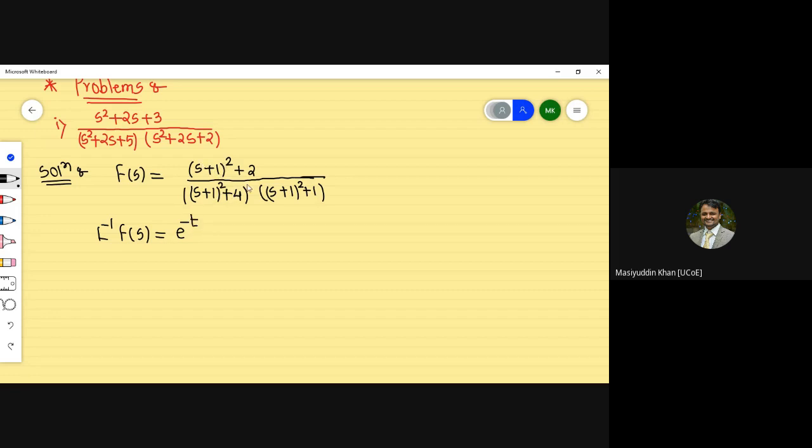Because s plus 1 is here, into Laplace inverse of the remaining, which will be s square plus 2 upon s square plus 4 into s square plus 1. s square plus 2, s square plus 1, and s square plus 4 are present.